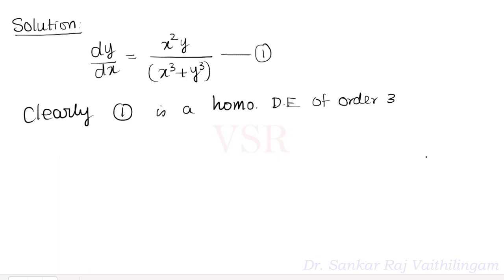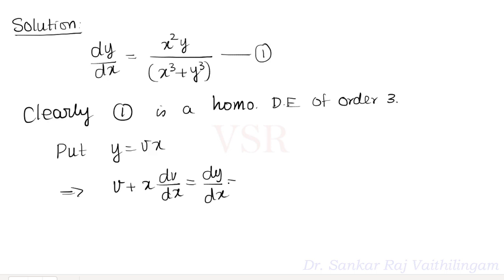Okay, now let's go straight to the problem. So put y is equal to vx. So this implies that v plus x into dv by dx is equal to dy by dx, which is equal to x square into vx divided by x cube plus v cube x cube.